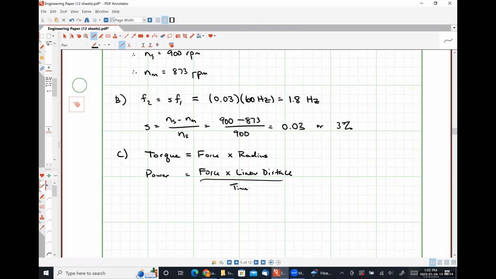Because force times linear distance is work, work divided by time is power, because power is nothing more than the rate at which energy or work is done, right? So our last relationship here to figure this out, linear distance.